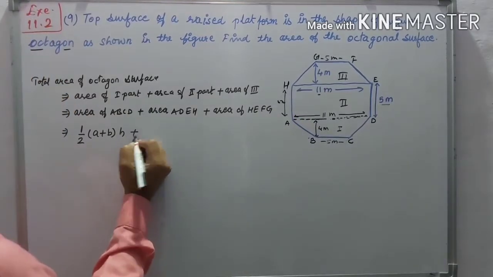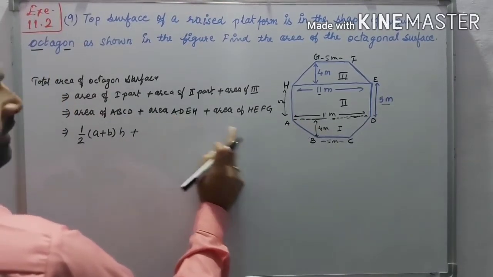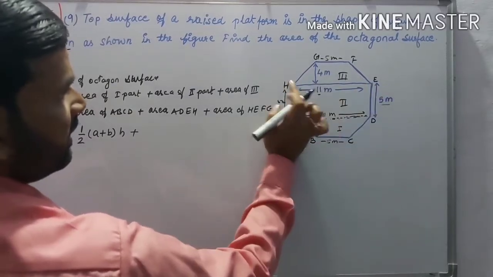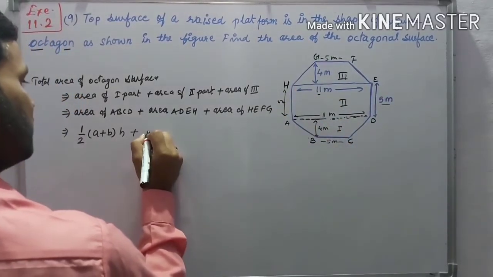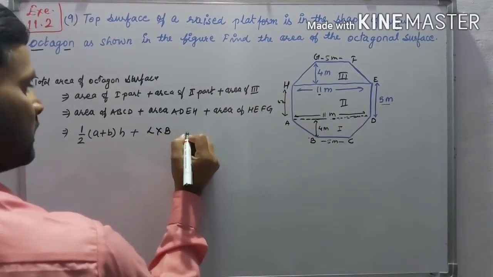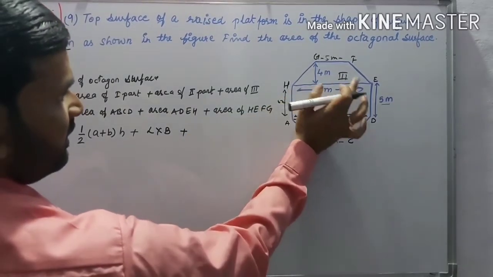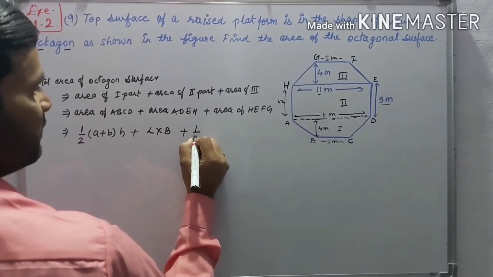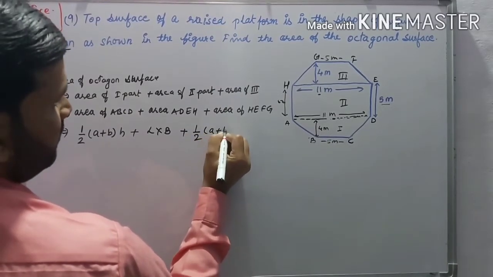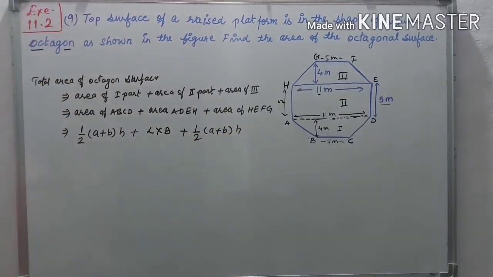So now plus second is the area of ADEH. ADEH is a rectangle, it means length into breadth, plus area of HEFG. HEFG is again a trapezium, 1/2 (a plus b) into h.